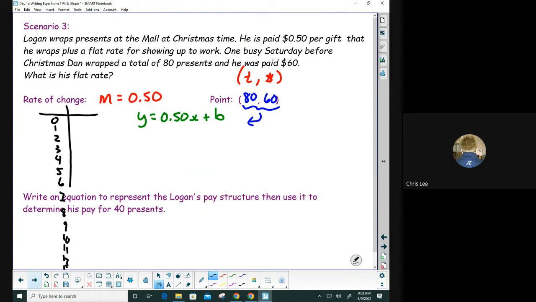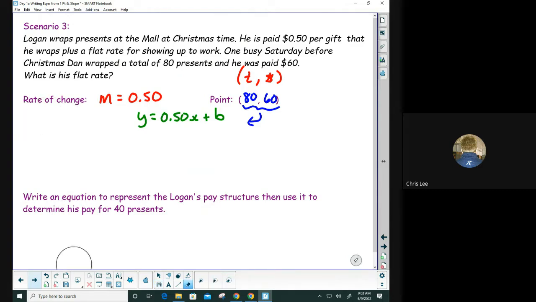Why don't we use the algebra? Because the algebra is way better than doing some other table. The reason I'm teaching you algebra is so that we don't have to use the table. The table is inefficient and it's too crazy, especially for something like 80 presents. You don't want to count all the way to 80 and work backwards 80 times. The algebra will do this for us.